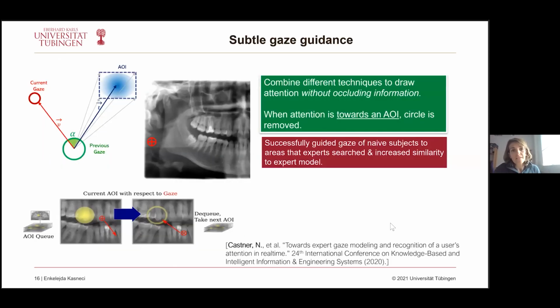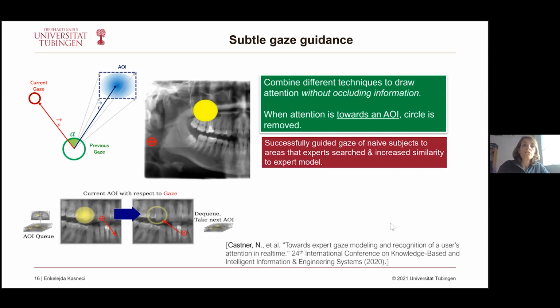We went a step further and said, given that we now have those scan path models of the experts, what can we do? We combined different techniques here to guide attention. We coined it subtle gaze guidance, in the sense that the aim is to not include any important semantic information in the image.